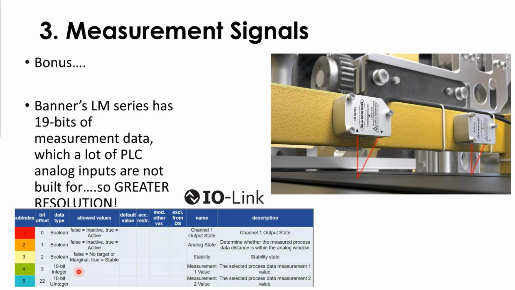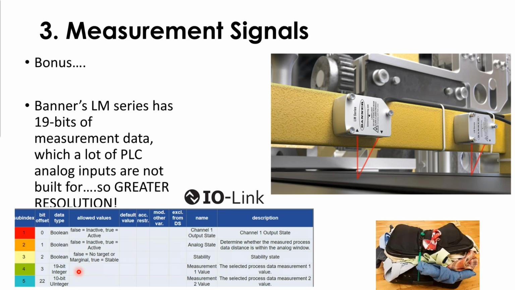But now we get the full 19 bits of measurement, again using an unshielded cable, and then just pass that complete measurement value over an Ethernet message. So we also get to take advantage of the full resolution of the sensor, if you will. So we don't want to try to send 19 bits and jam it into a 12-bit device.